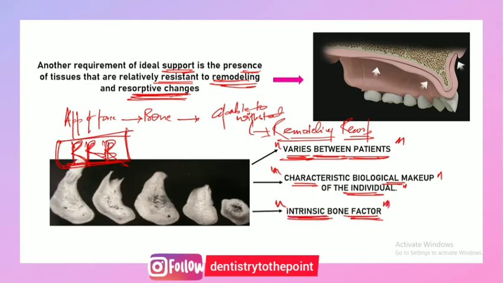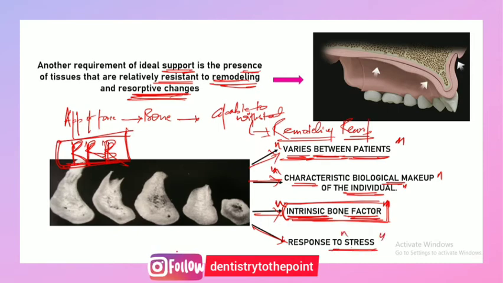Along with that, the intrinsic bone factor, as described by various authors, is also considered an important factor. Nowadays if you want to check the quality of bone, we mainly prioritize the intrinsic bone factor. You can also measure the ability of bone to resist remodeling as well as resorption under various stressful conditions like minor oral surgeries such as extraction or disimpaction, right?